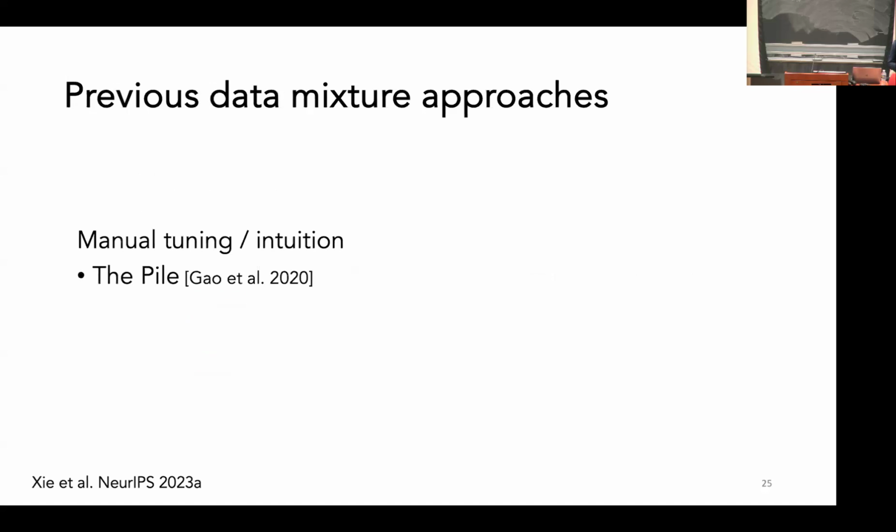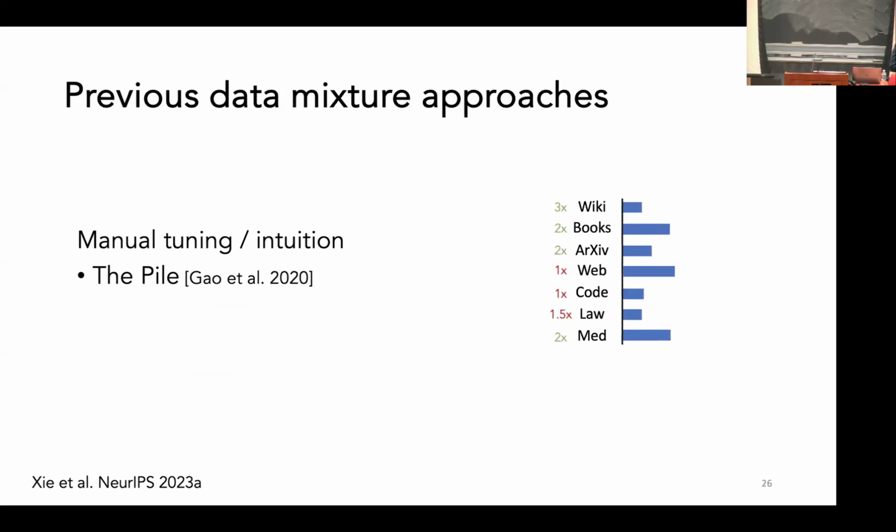Some previous approaches have used manual tuning and intuition, for example, in the popular PILE dataset. They take the natural distribution according to the sizes of each domain, and then they upweight the particular domains that they deem to be higher quality. So for example, Wikipedia and books are deemed high quality because they've gone through some sort of editing process. But this can be suboptimal because it's just based on intuition.